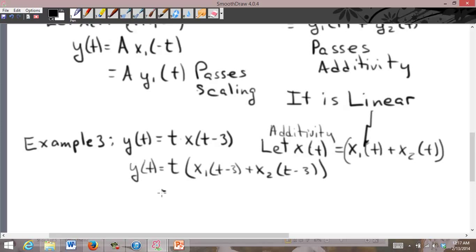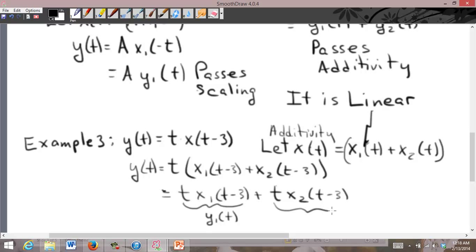I end up with t times x1 of t minus 3 plus t times x2 of t minus 3. Well, that is y1 of t, and that is y2 of t. So it passes additivity.